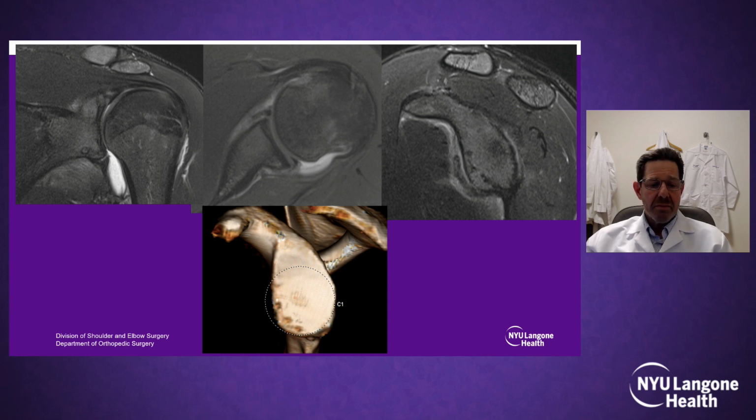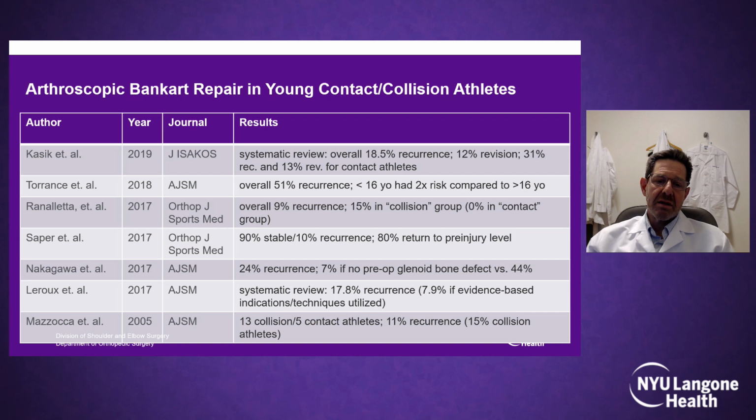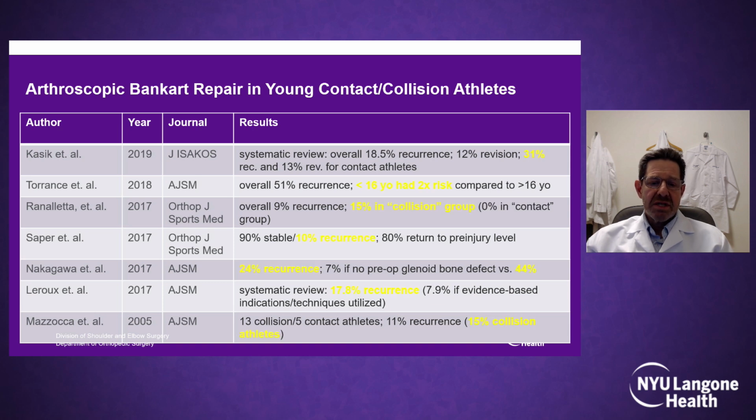So what do we do? I guess, what did I miss? What do I do now? I'm not sure. I'm pretty humble, as my colleagues can attest. I'm not sure I missed anything. If you look at the literature, as was previously mentioned, and specifically at those studies that have focused on contact collision athletes, you're going to see a substantial recurrent instability rate, probably up to 1/3 or more in some series.